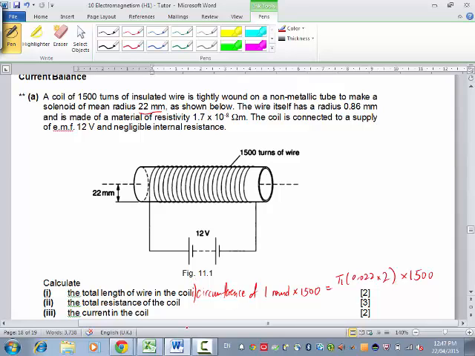Instead of me giving you the numerical answer, I'm going to help you with the working. Please go through the steps yourself. The total resistance, R is rho L over A. The length is the answer in part 1.